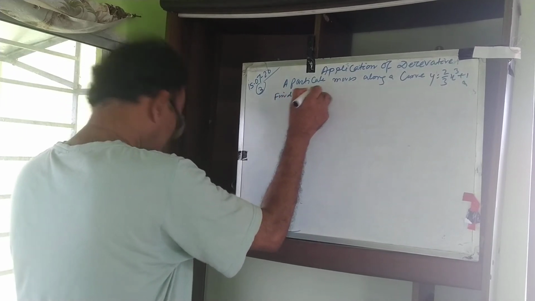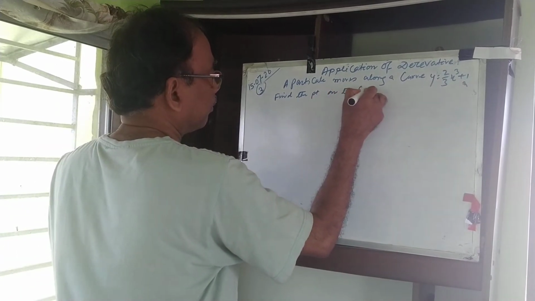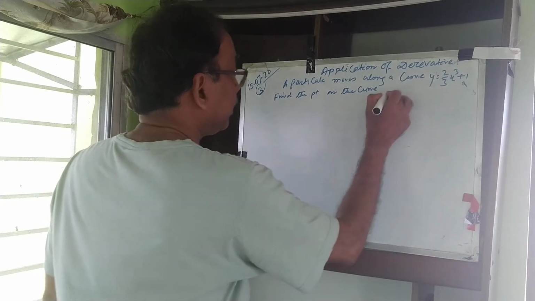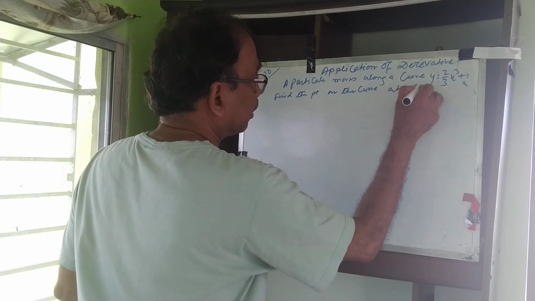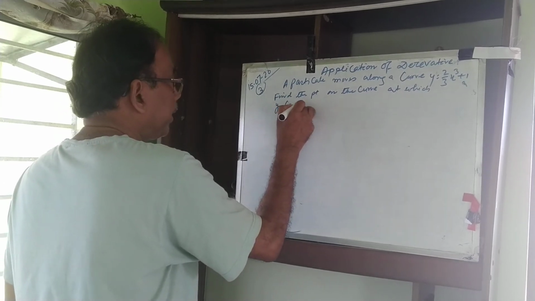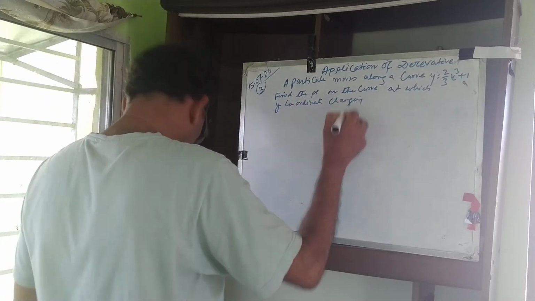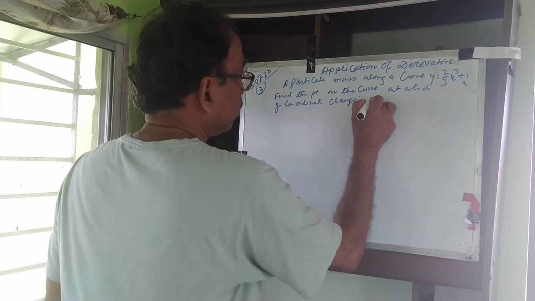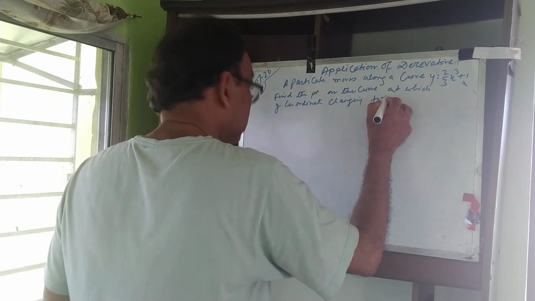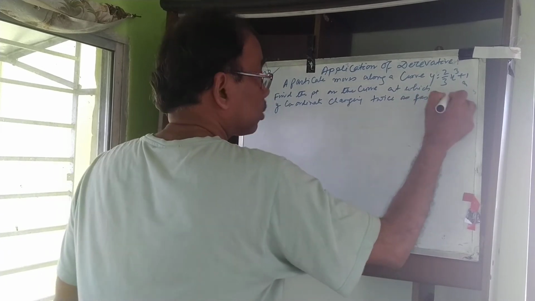Find the point on the curve at which the y coordinate is changing twice as fast as the x coordinate.